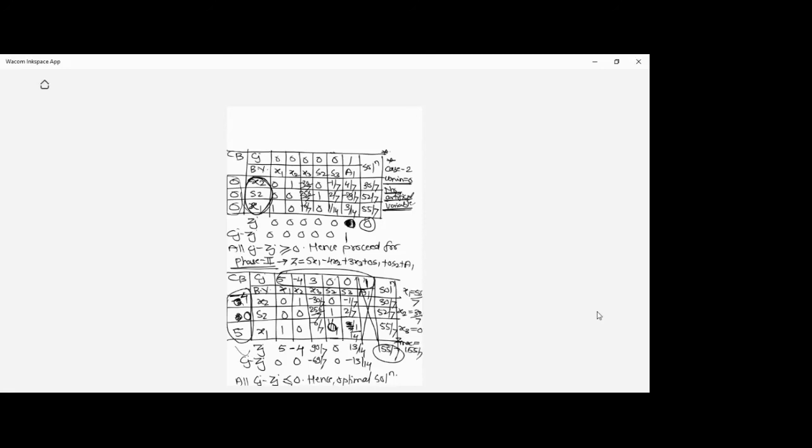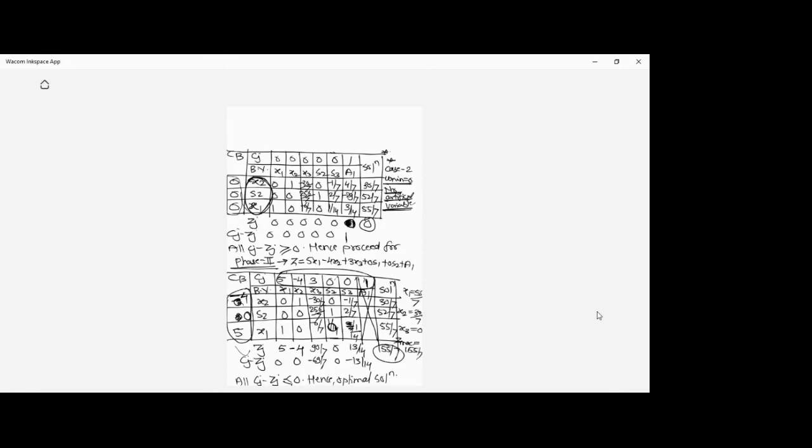That zero is also to be considered a positive value; it is not to be considered a neutral value. So if my ratio column has 3 values and one of them is zero, zero is considered the minimum positive value, and the variable across from it will be considered as the leaving variable.